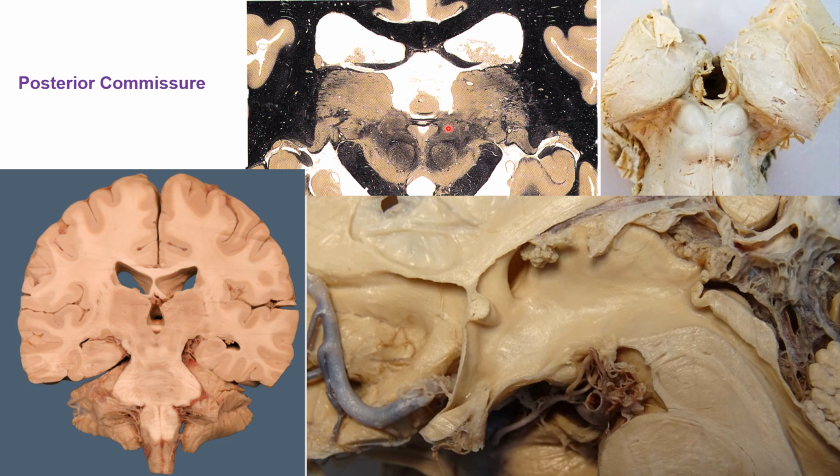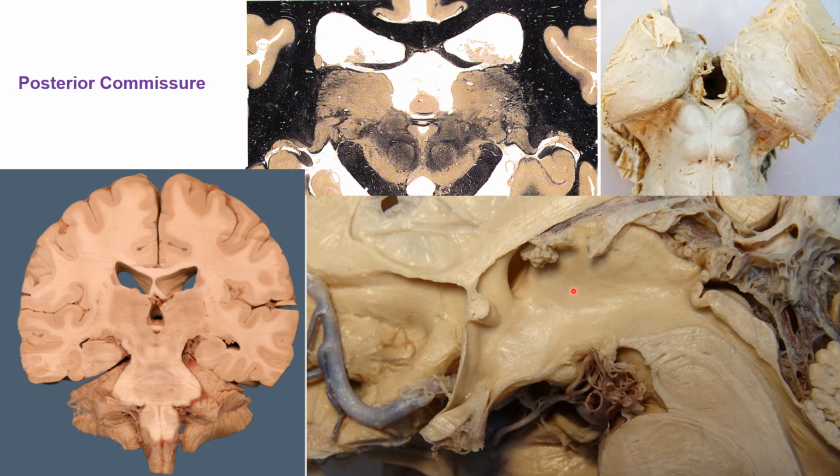We have the stained cross-section. Here is going to be your posterior commissure, and you can tell it's posterior and not anterior because you have your brainstem right here. You have your midbrain with your red nuclei, the substantia nigra here, and the pes pedunculi here. And just to connect some of these pictures, here's your PCOM. Up here's your pineal gland.